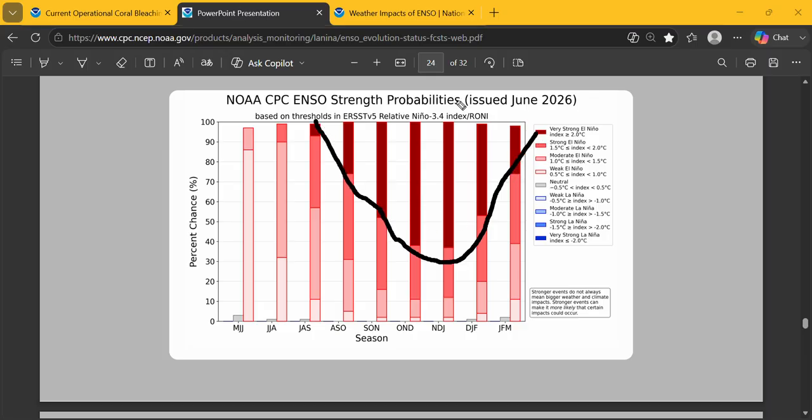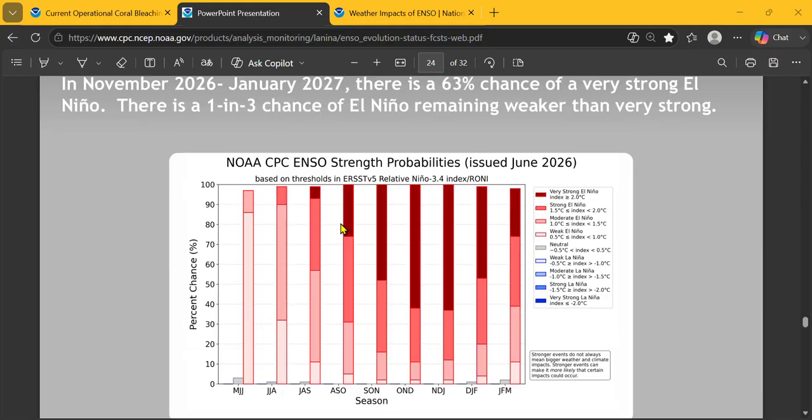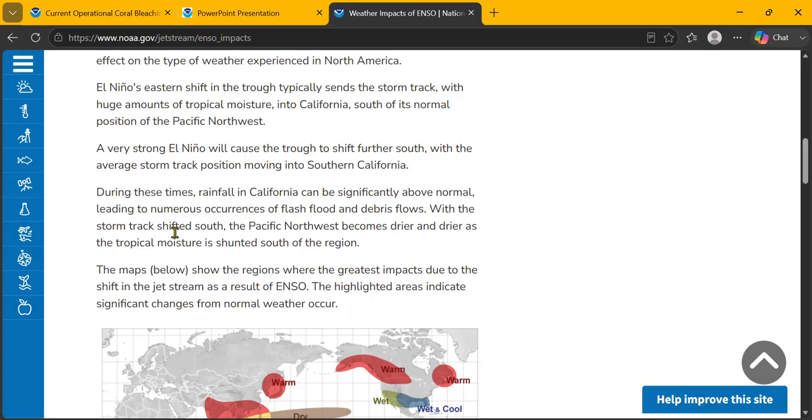So we have this peak here during the fall and early winter, although we still have a relatively nice moderate or strong El Nino continuing through the entire winter. So we're going to take a look at what exactly that means, and how we can apply it to weather.